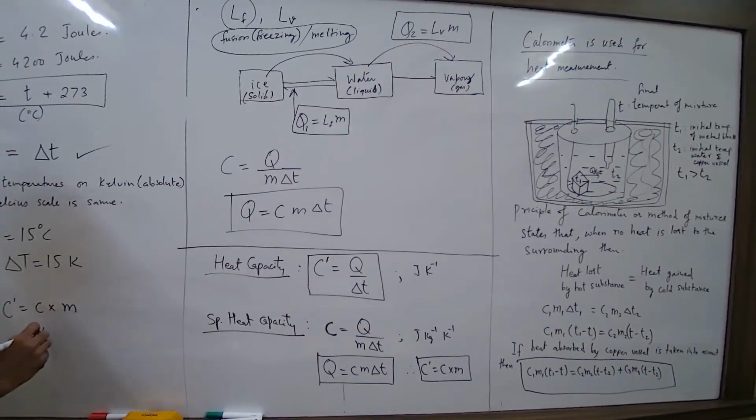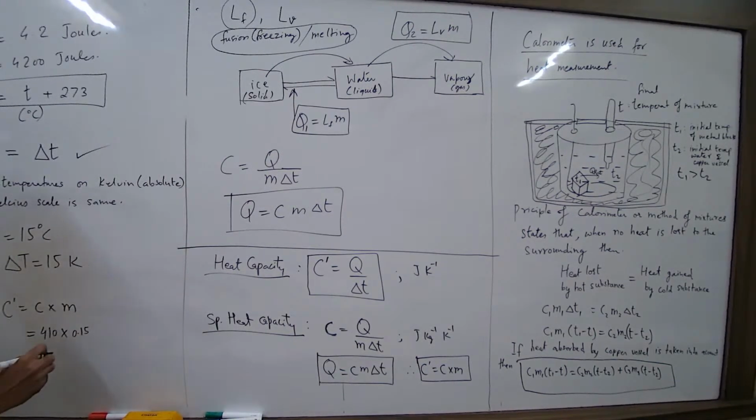What is the specific heat capacity given? 410. And what is the mass given? 150 grams. So this will be 0.15 kg. Okay? So you have to convert it into SI units. So how much is this? Calculate.